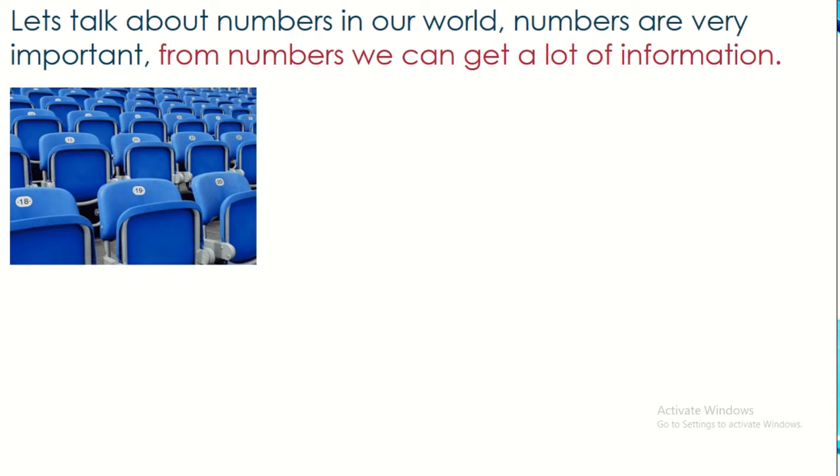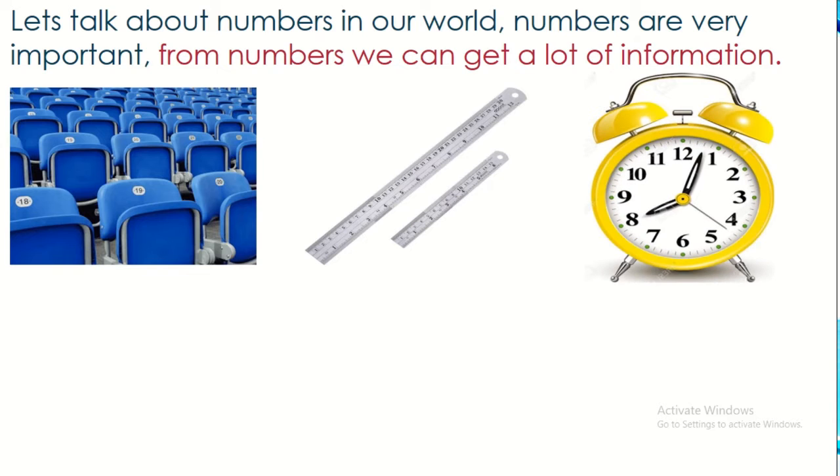Now, look at the second picture. What is this? This picture shows a ruler. From numbers on a ruler, you can measure distance. Look at the third picture. This picture shows a clock.